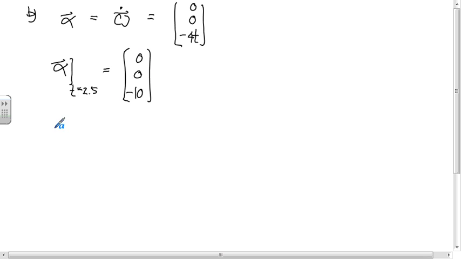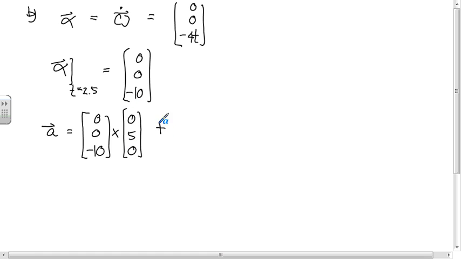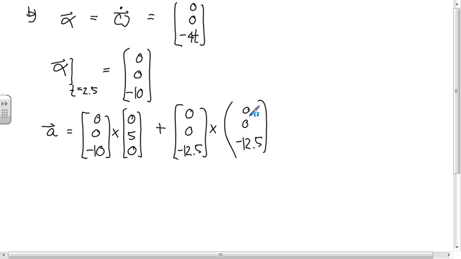And now we can plug these values into our acceleration formula. The acceleration of the point P is 0, 0, negative 10. That's alpha. Crossed with r, 0, 5, 0. Plus omega, 0, 0, negative 12.5, crossed with the quantity, 0, 0, negative 12.5, crossed with 0, 5, 0.